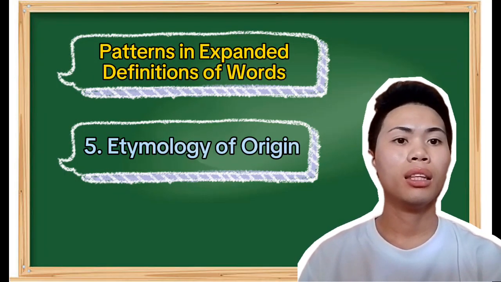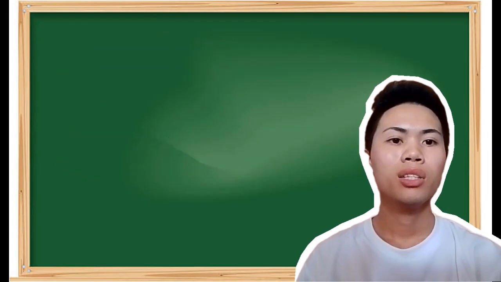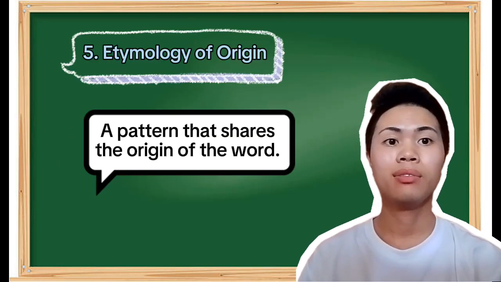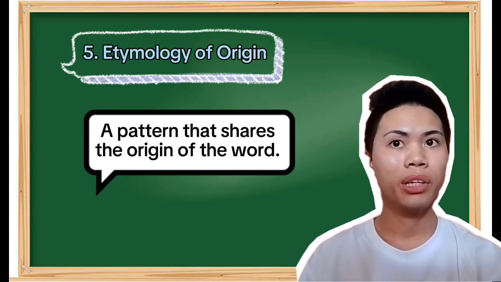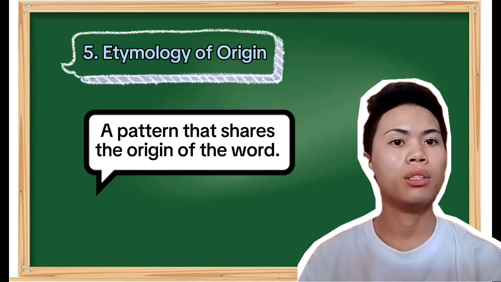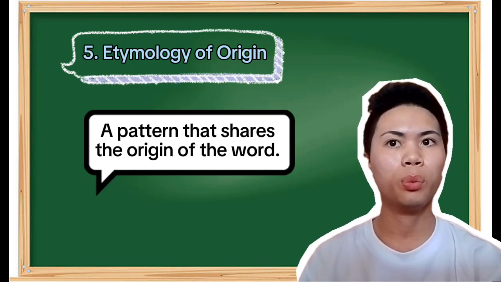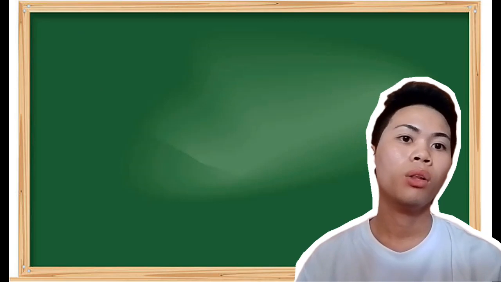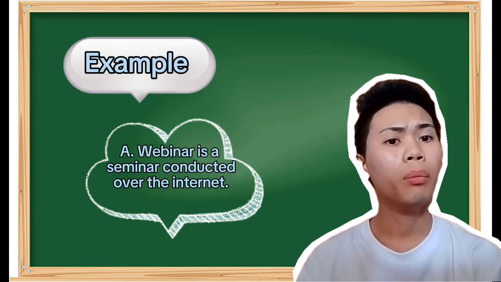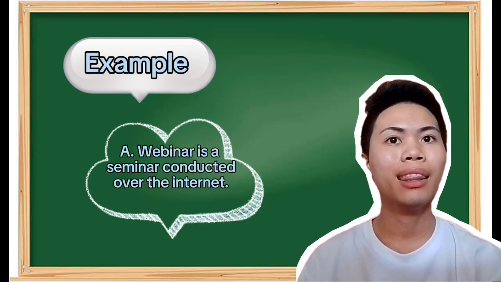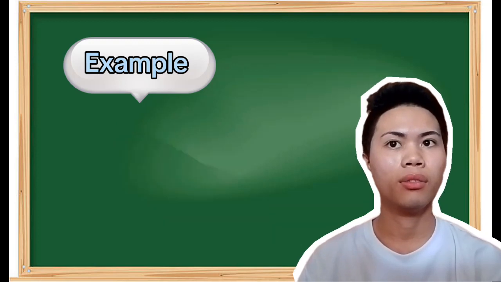Fifth is the etymology or origin. When we say etymology or origin, it is the pattern that shares the origin of the word. So basically, it is the origin of the word. For example, webinar. A webinar is a seminar conducted over the internet.